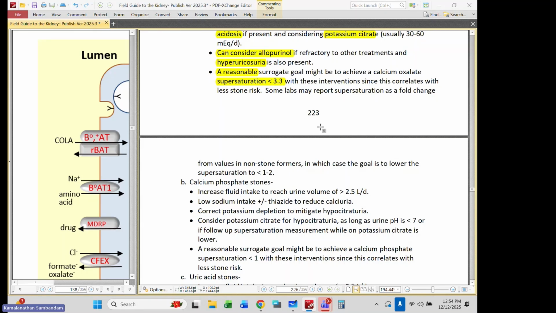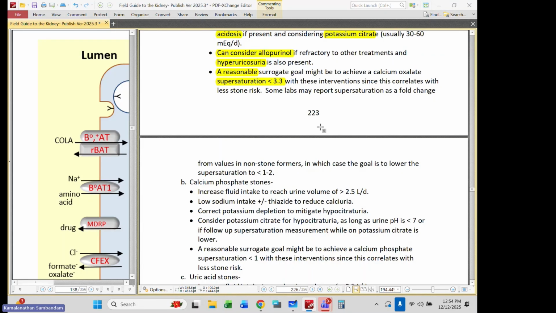So you can use this as a sort of a surrogate goal for the calcium stone former. Know your units. This is in the typical lab where they'll call a supersaturation over 5 to 10 as being correlated with stone risk, right? In our lab, you'll see supersaturation ratio greater than 2 as being correlated with stone risk. So it's a different set of units. You have to know your lab units, okay?